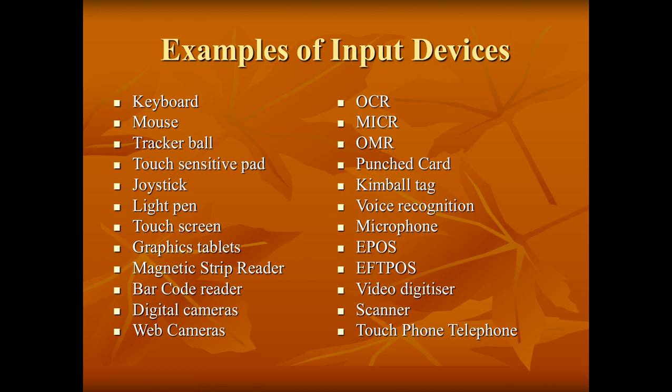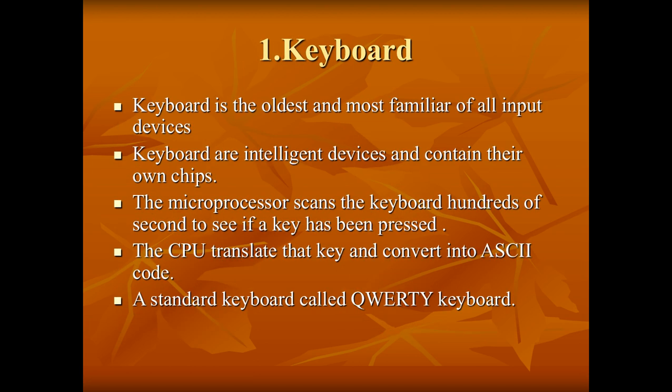Right now, first one, keyboard. The keyboard is the oldest and most familiar of all input devices. Keyboards are intelligent devices and contain their own chip. The microprocessor scans the keyboard hundreds of times a second to see if a key has been pressed.